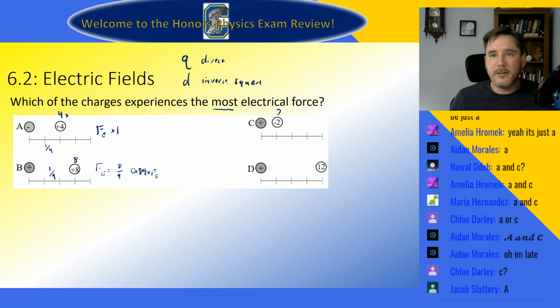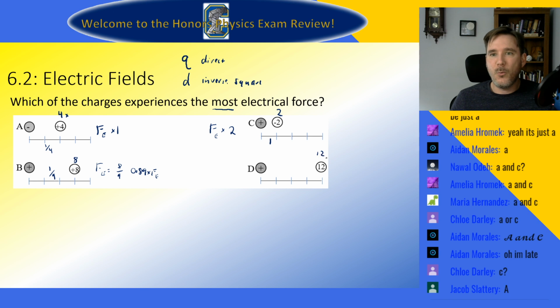So this one, it's going to experience 2 times. And again, we're going to ignore the negative. We're just worried about the magnitude of the force, not the direction of the force. So it's going to experience 2 times the force because of the charge, and it's going to be experiencing 1 over 1 squared, so 1 times the force because of the distance. So FE here is going to be times 2. So far, C is winning.